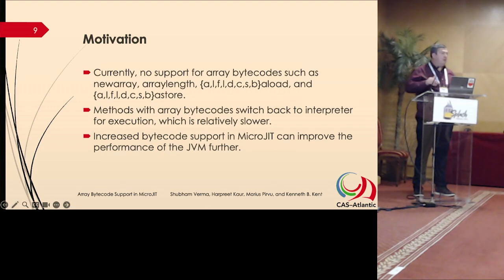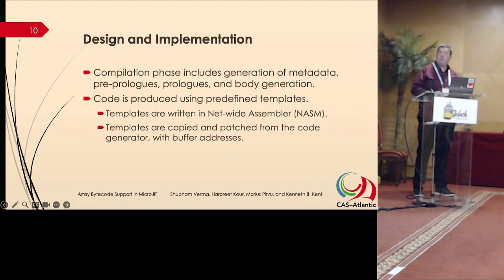We just mark the method as non-MicroJITable, and then defer it to the interpreter until we hit the TRJIT threshold. So by having these bytecodes, any methods that contain them that were blocking us before, we can now MicroJIT and get that performance improvement.